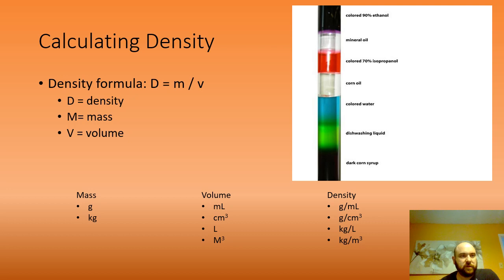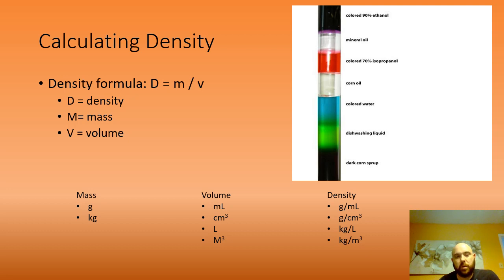Centimeter cubed is really standardized for healthcare. If you've ever heard the term cc, 10 cc's of some liquid, that is referring to the cubic centimeter, which is also again referring to a milliliter. We also may see liters as some of the volume measurements, as well as meters cubed.